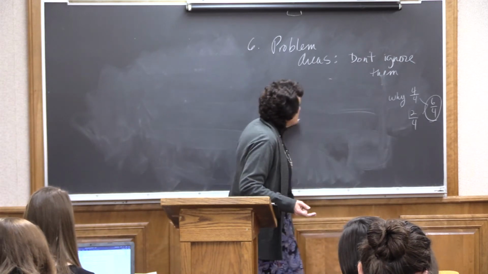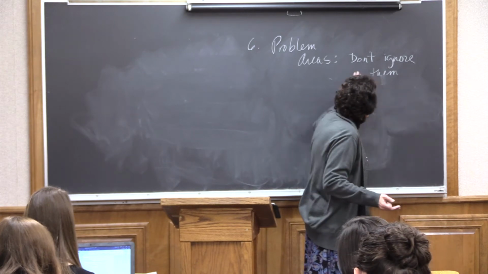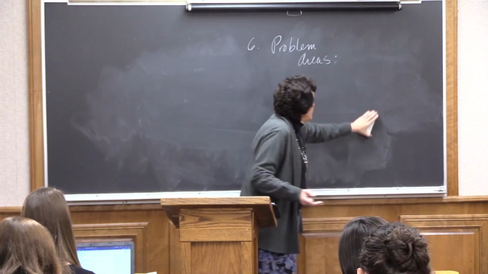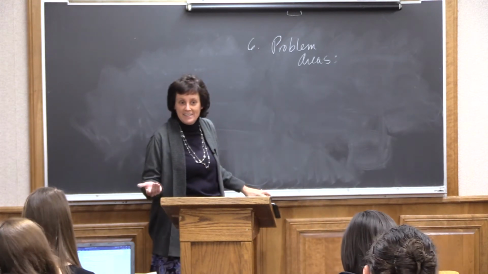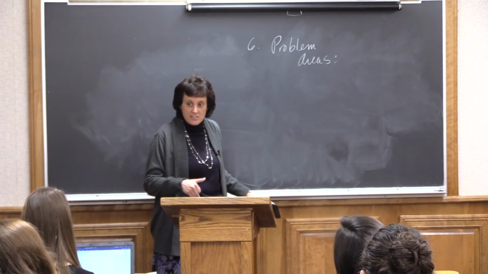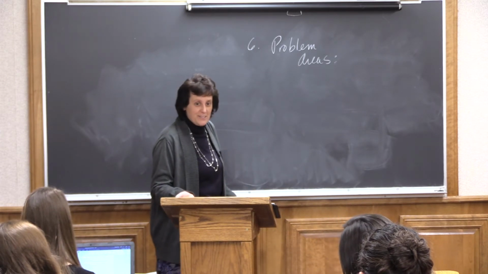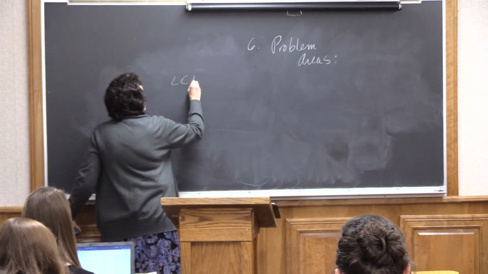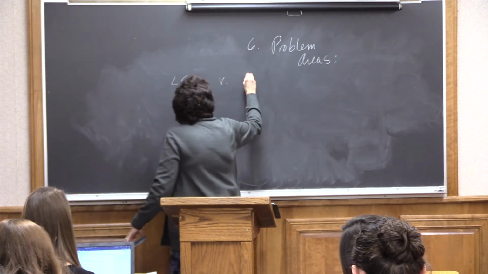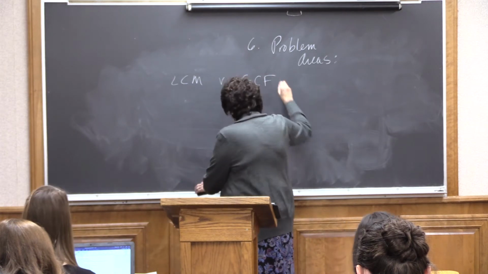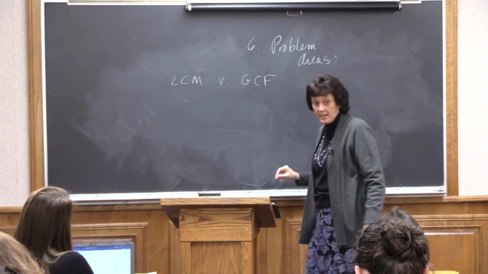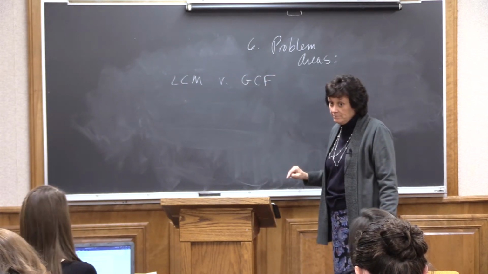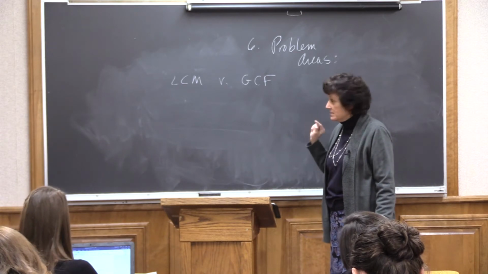So the main problem area that we are going to deal with, with intermediate fractions and with college students doing fraction math, is least common multiple versus greatest common factor. Now we've already identified it, and you need to expect it. Students will always mix these 2 up.